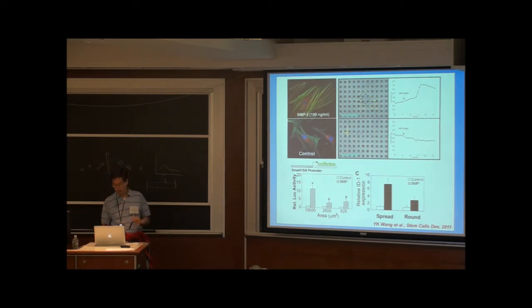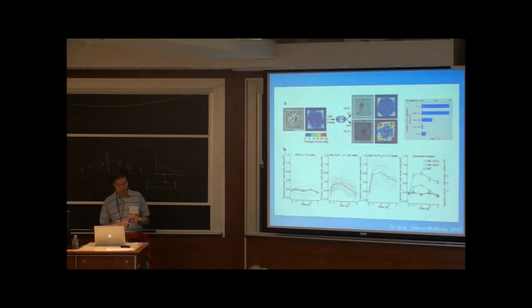I'm going to skip over a slide here and show you that if we look at the differentiation, as the cells are starting to differentiate over days, and we track the amount of force that they generate, what we find is that the cells that become bone increase their contractility within the first day. And the cells that don't differentiate don't increase their contractility.